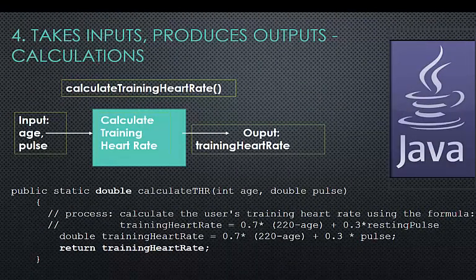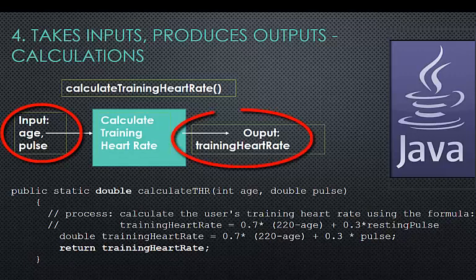Frequently, the processing part of the code will require inputs to perform its task and also produce outputs for the rest of the program to use. This is our fourth style of method. This function method has two inputs, the age and the resting pulse. They will be passed in inside the parentheses in the code of calculateTrainingHeartRate.